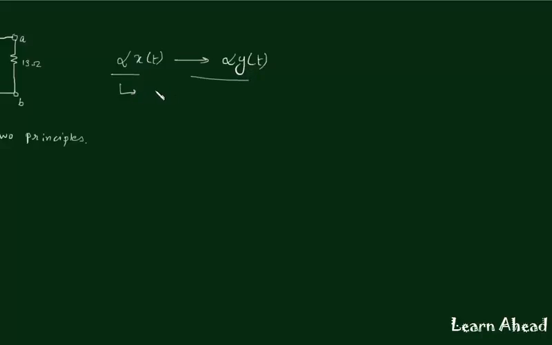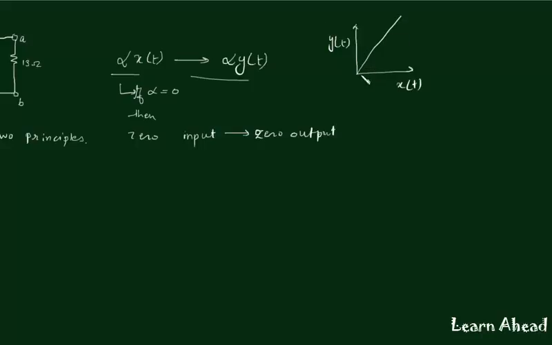This further implies that if alpha is 0, then 0 input to the system should produce 0 output. If we plot a graph between response and excitation, then 0 excitation should produce 0 response. So whatever the relationship is between the response and excitation, it will pass through the origin.